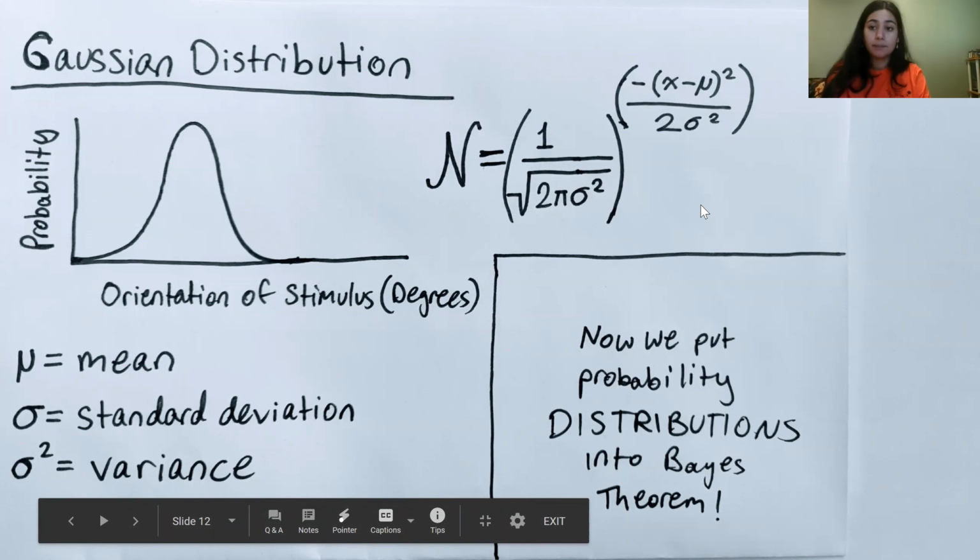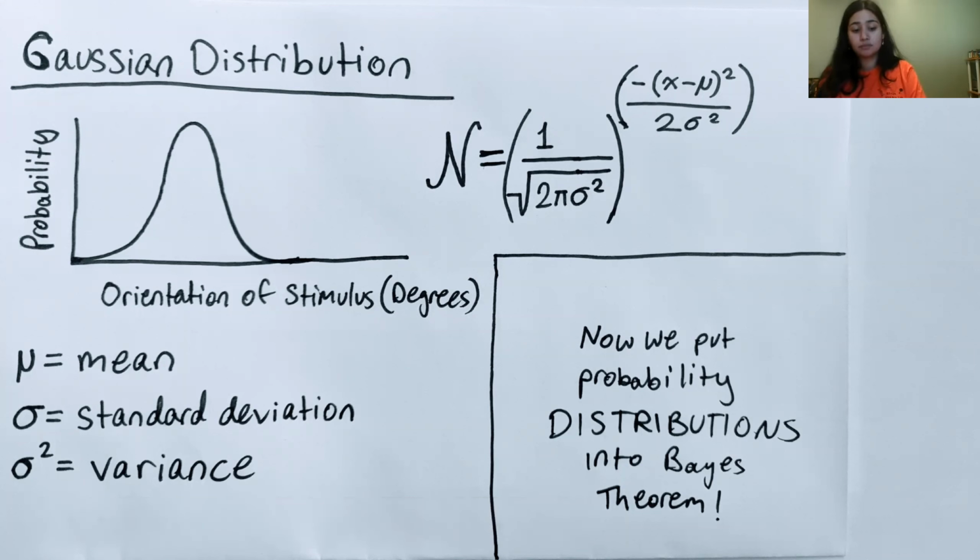Okay. In Bayes' theorem, we're now going to use distributions of probabilities instead of just the straight probability values, and we'll also give names to these different distributions. This orientation of stimulus in terms of degrees is not always going to be the x-axis of a Gaussian distribution.